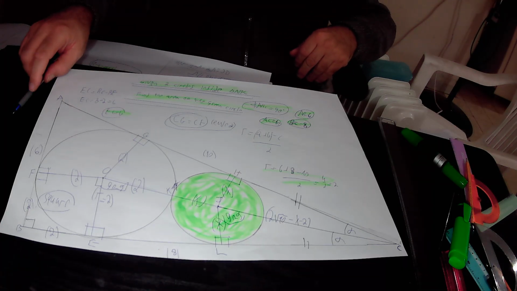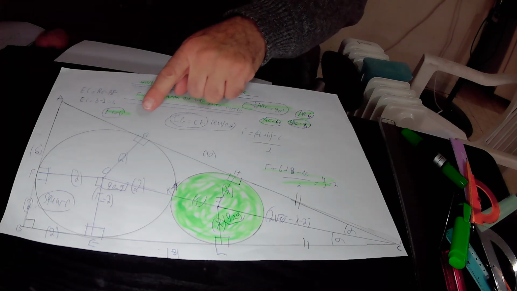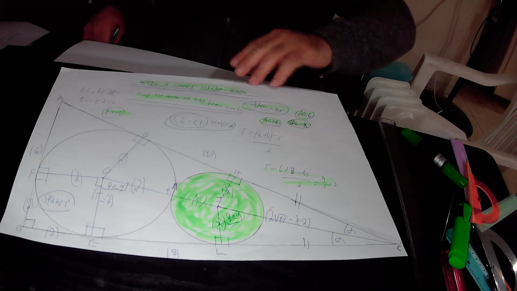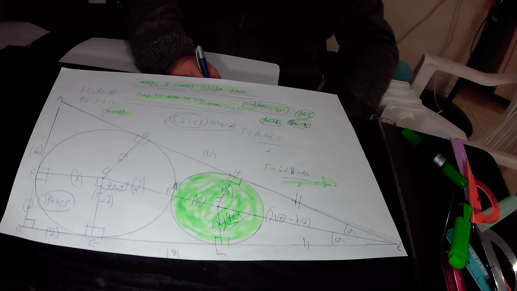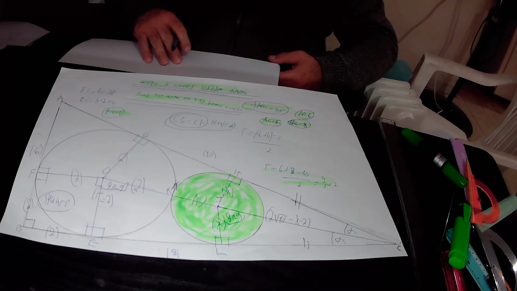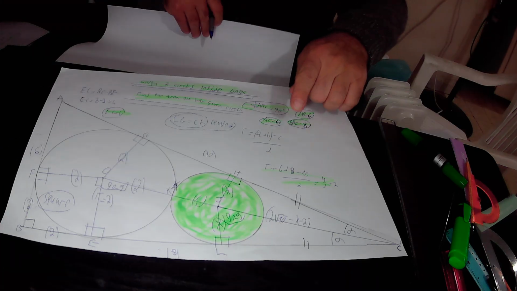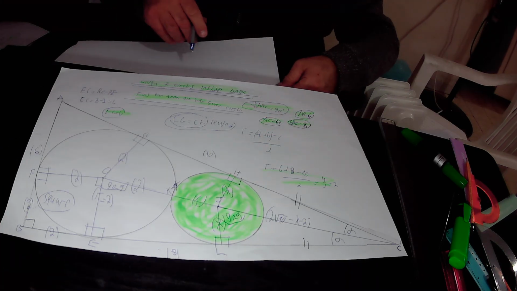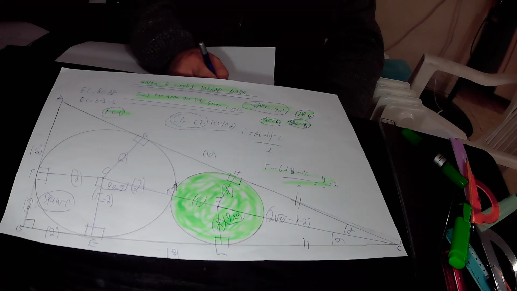So at the end, we found out that this big triangle OEC is similar to this small triangle JLC according to the similarity rule.